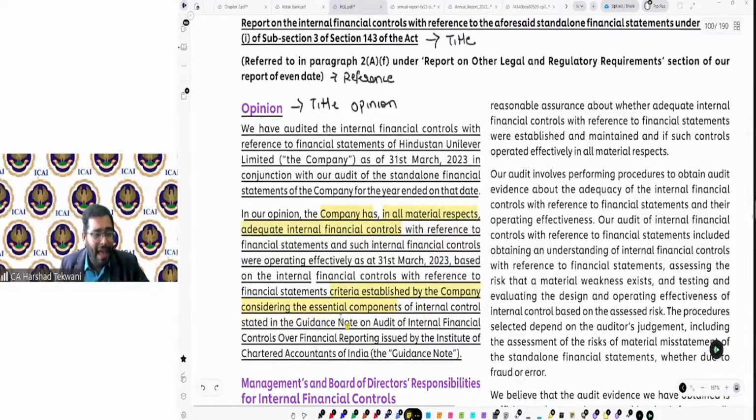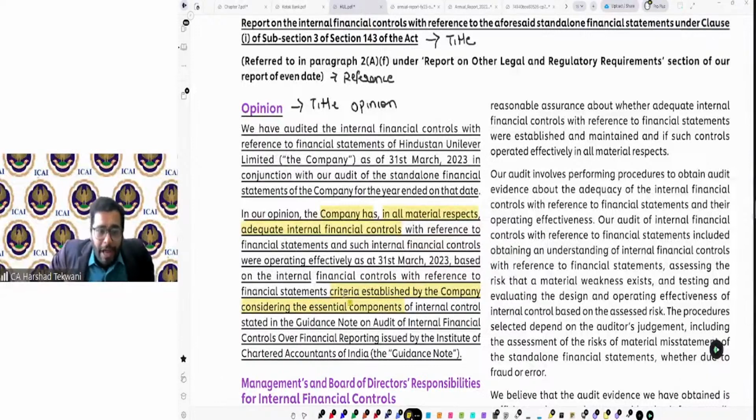So they are comparing with the criteria over here, kind of an applicable financial reporting framework.